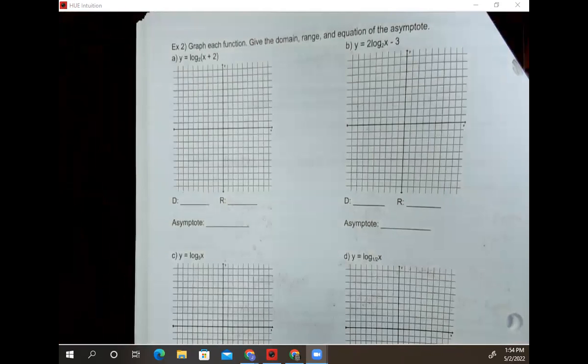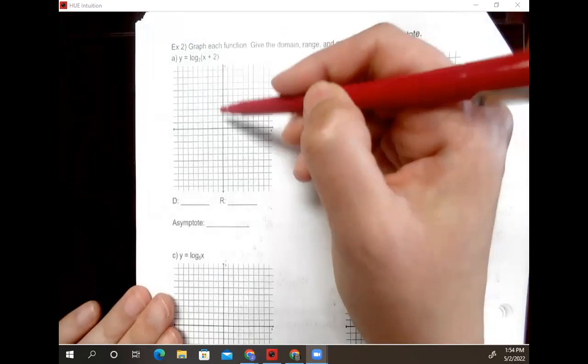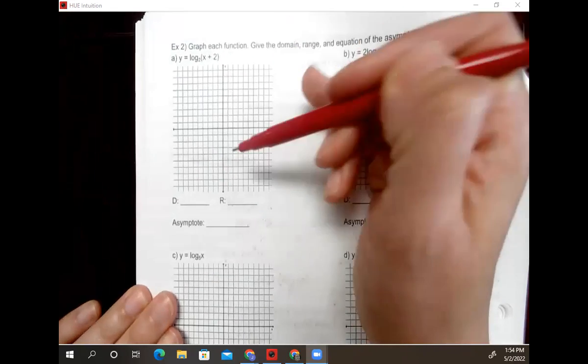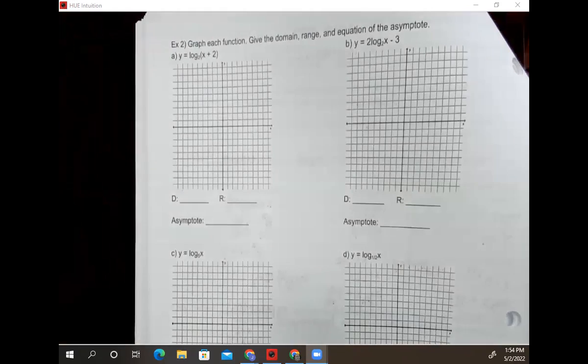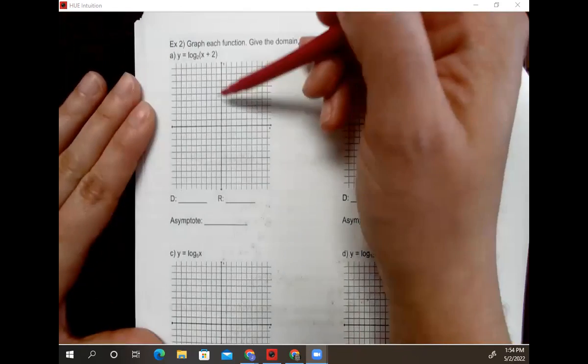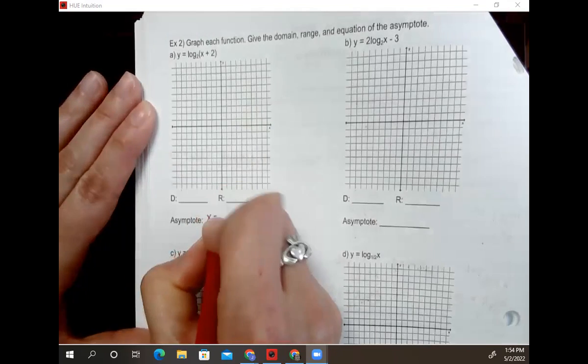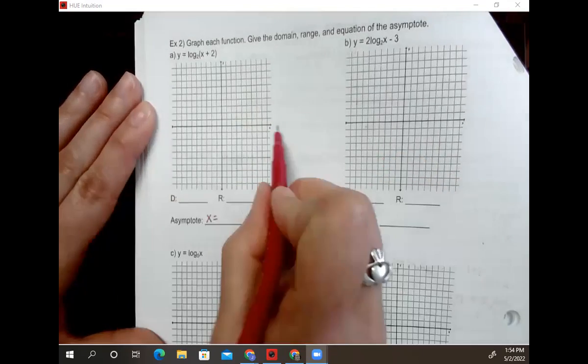So the same as we would look at our function first to determine where our asymptote is. And our asymptote for exponential functions was at the end because our asymptote moved up or down. It was a y equals thing. We're going to start by looking for our asymptote with these log functions too. But this time, since our asymptote is vertical and it's defined as x equals something, we're going to look for any shifts left or right.